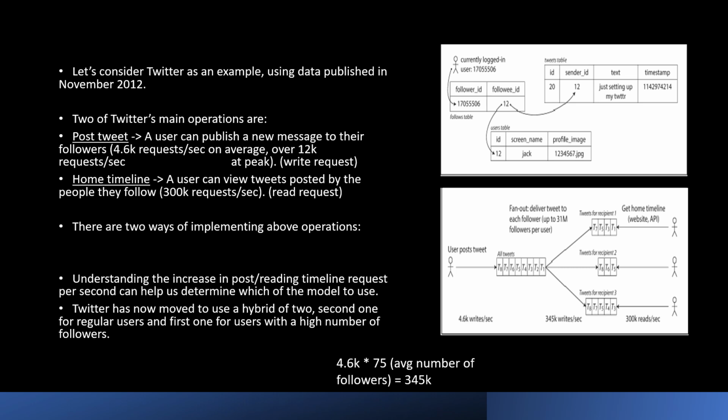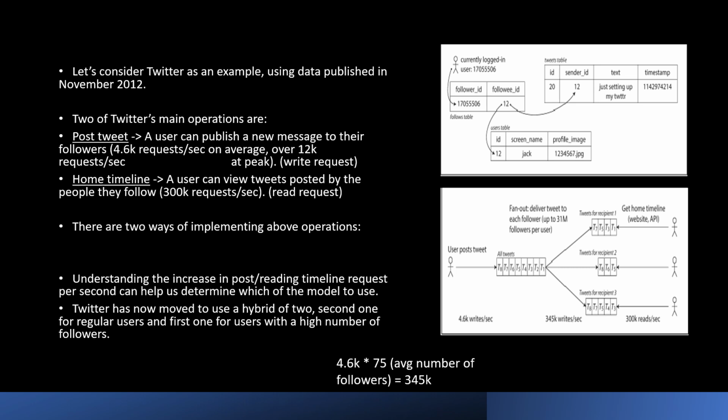It used to go through all the follow IDs of the currently logged in user, and go to the tweet table to see if there are any tweets from such follow IDs. If there were any, it used to collect all the tweets, sort them, and then show them to the logged in user. So it was doing a lot more work during the read part, during the home timeline reading part, compared to posting of the tweet itself.